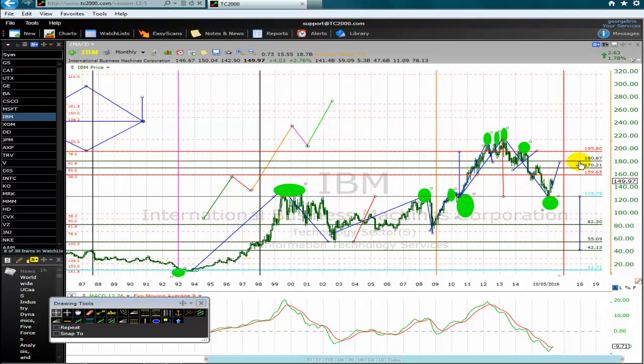All right? 180.87, that is the 61.8% Fibonacci retracement level, on this new cup or new cycle from the starting point to the starting point. 50% Fibonacci retracement level, 170.21. All right? But does it mean that we'll definitely have a handle? The price may continue to go up in a straight line.